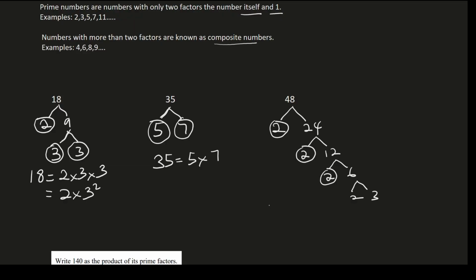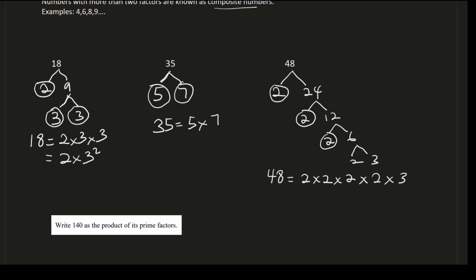Now writing 48 as a product of powers of its prime factors will be 2 times 2 times 2 times 2 times 3. This can also be written as 2 raised to the power 4 times 3.